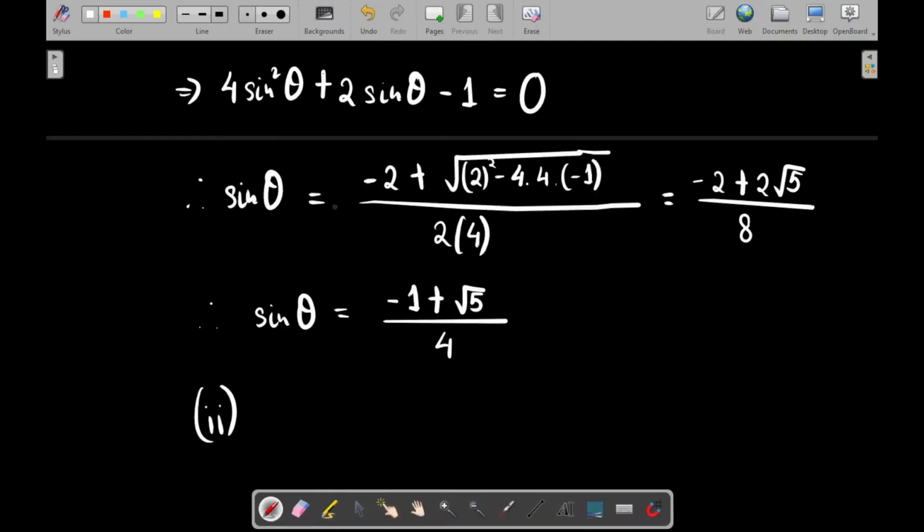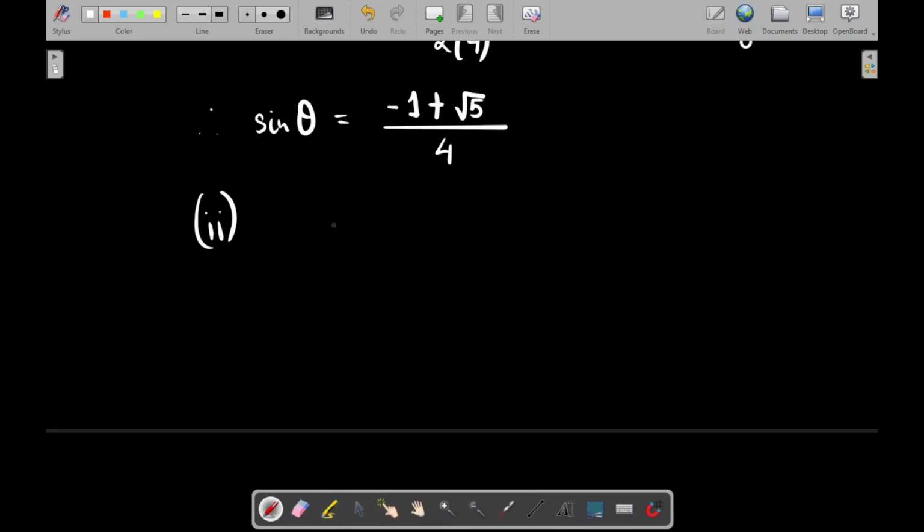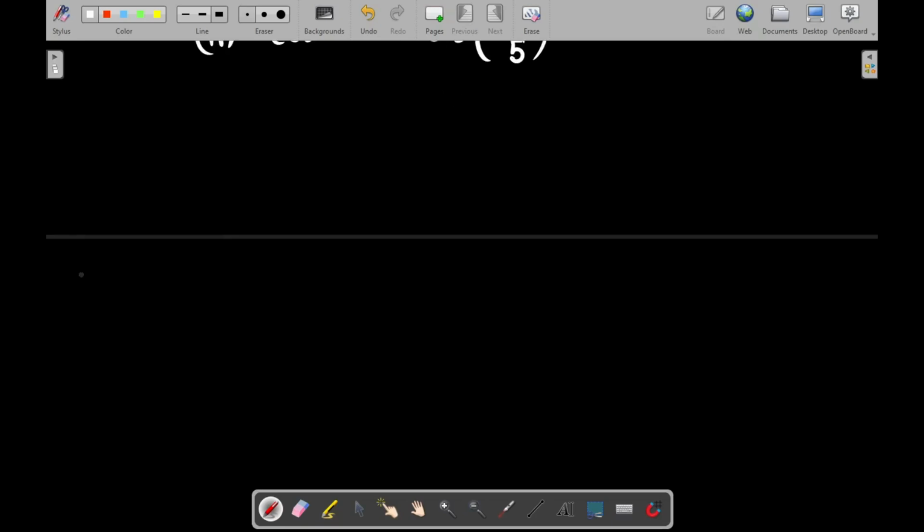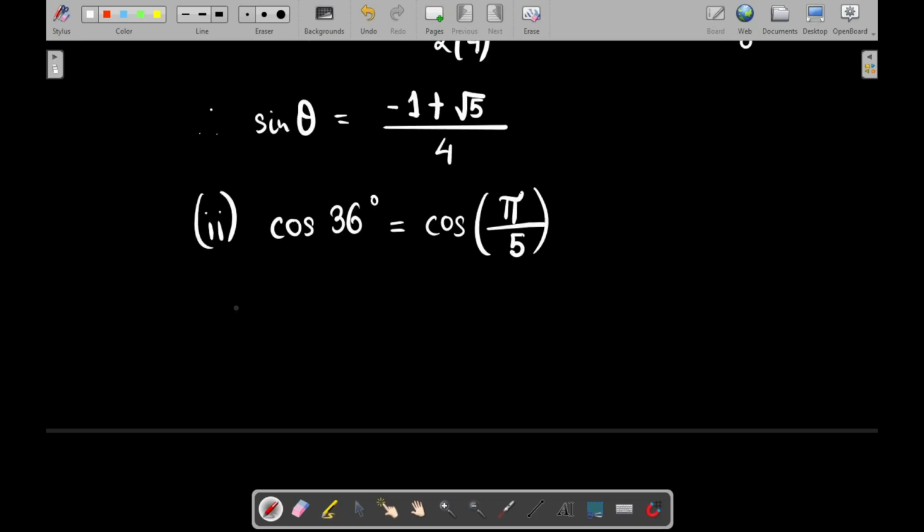Now for sine 54 degree, instead of finding the value directly, let us try to find the value of cos 36 degree, which is nothing but cos of pi upon 5, right?